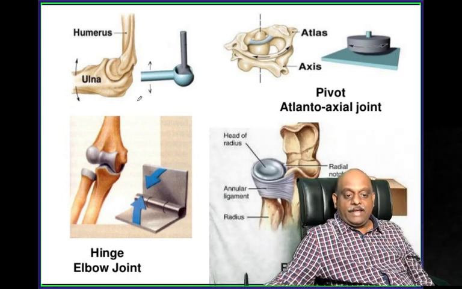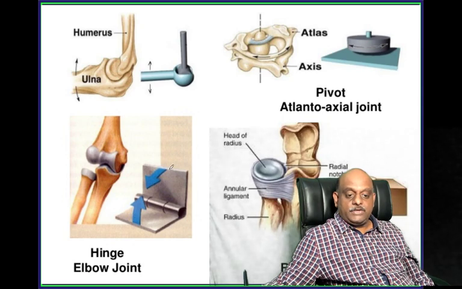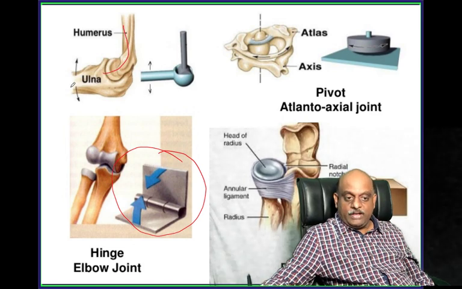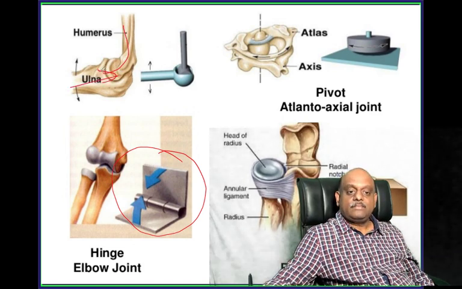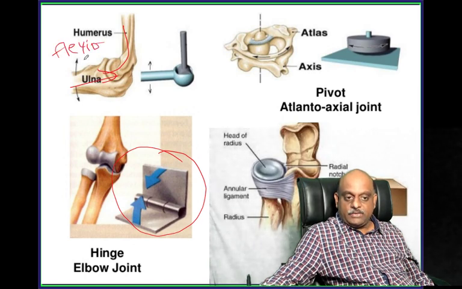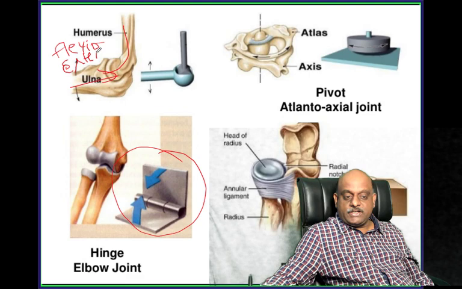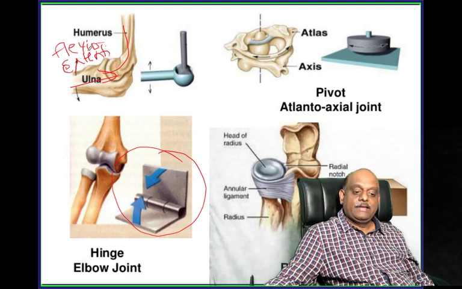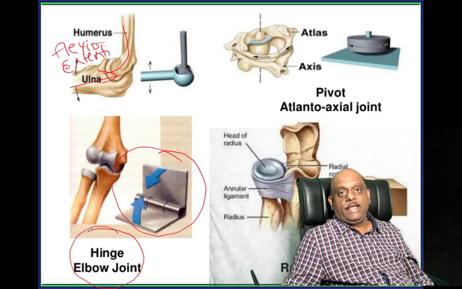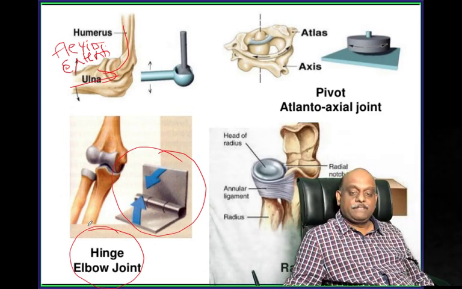Let us quickly see. Look, this is a hinge joint between the humerus and ulna, where flexion and extension happen. So a hinge joint typically is what you see in the elbow joint.